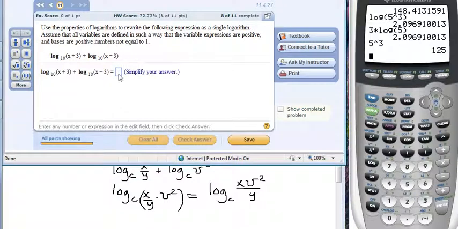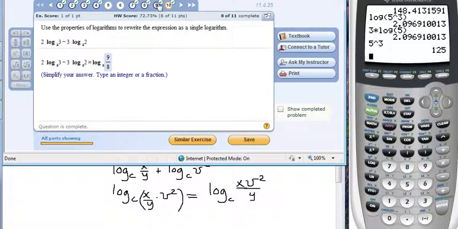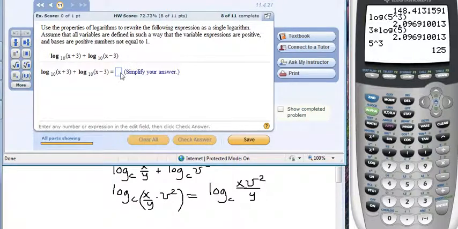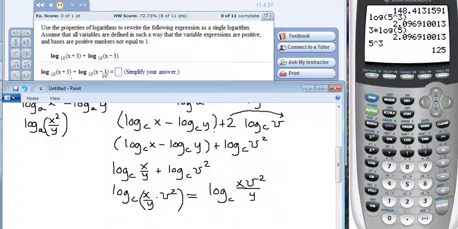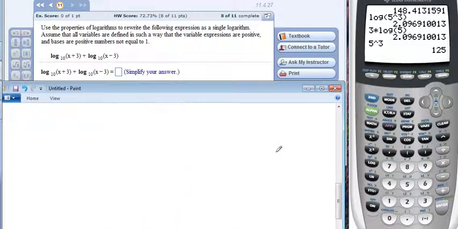All right, so this one, do you see how this one doesn't have anything? The other ones always get the box started for you, the log base a, and then you just fill the box in, and this one doesn't. It's really different. It's got an x plus 3 and an x minus 3, but really the rules are no different. So I'll do this one for you for sure.